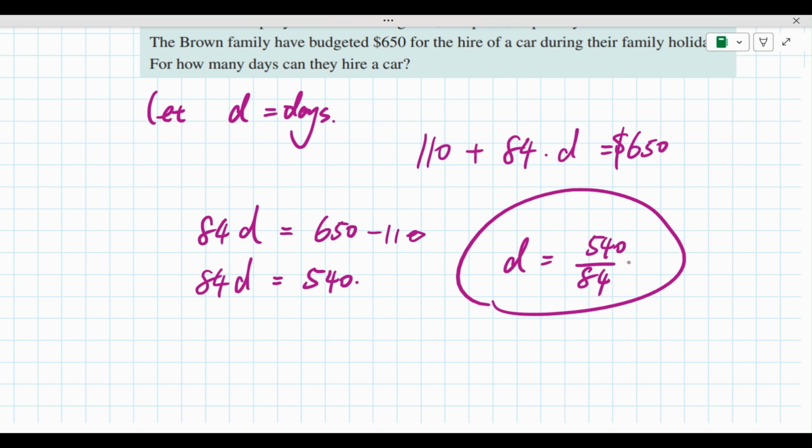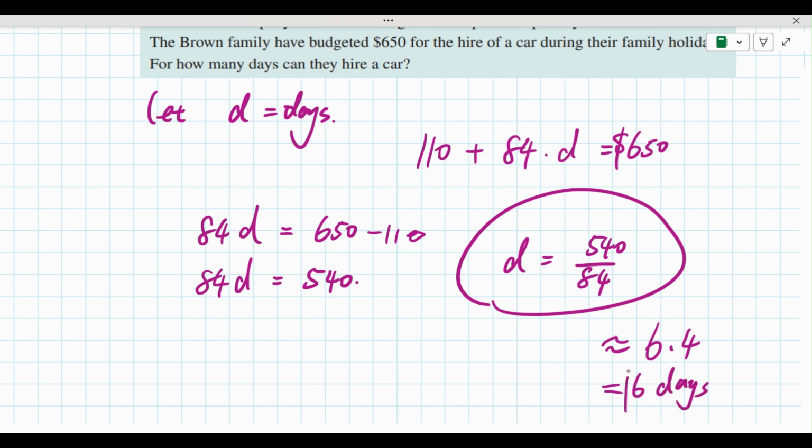Then we can use the CAS calculator to calculate 540 divided by 84. I think it's going to be around 6.4 something. So it should be 6 days.